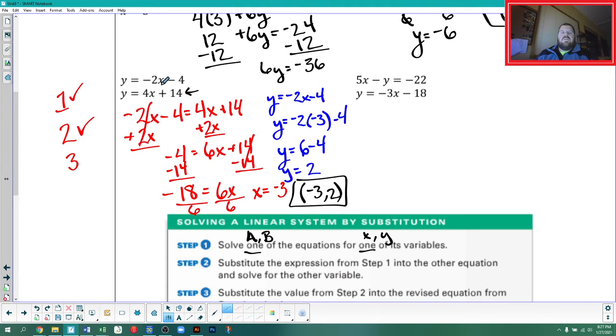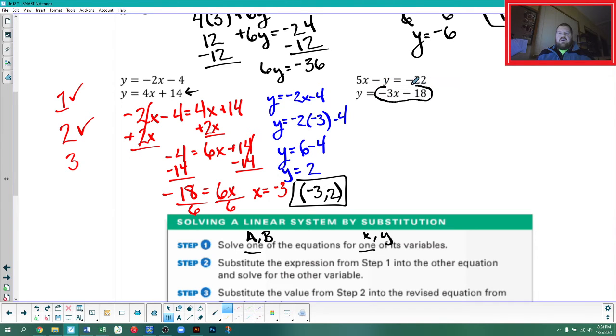And you can do that informally, especially on this one, because 4 times negative 3 is negative 12, and negative 12 plus 14 is positive 2. So we're good.